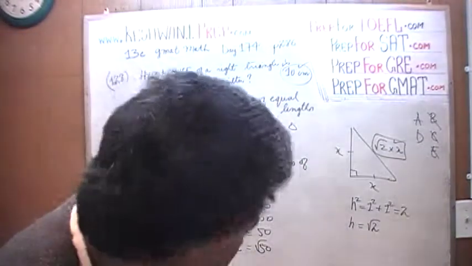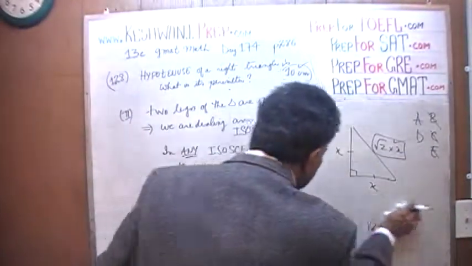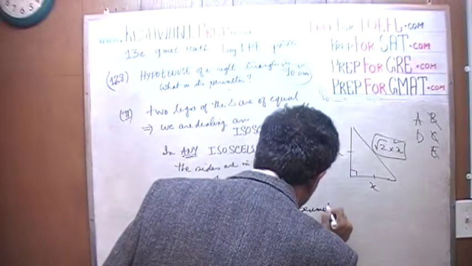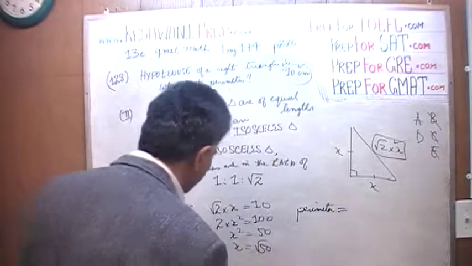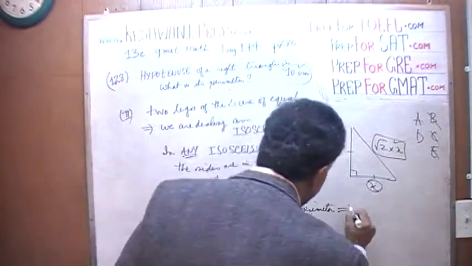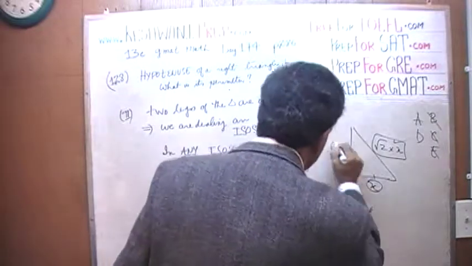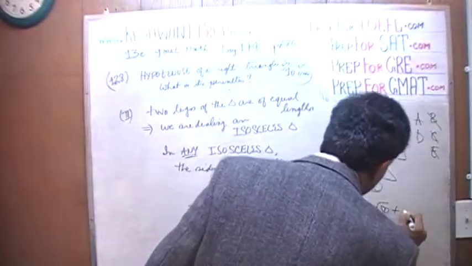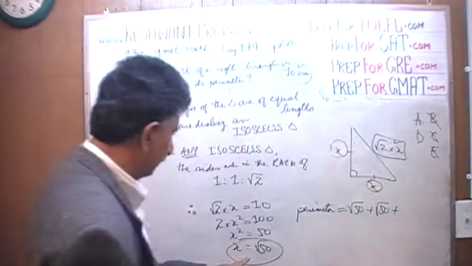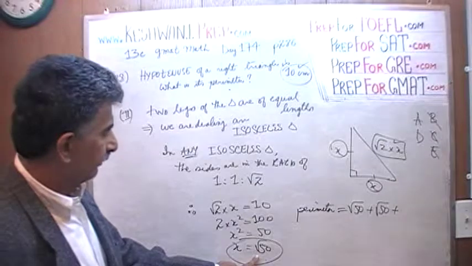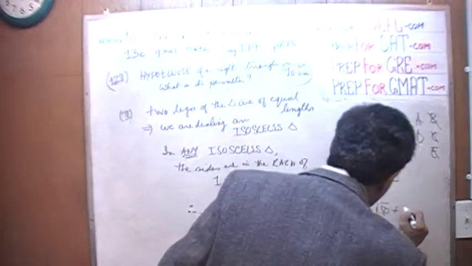And therefore, the perimeter that we're looking for will equal this x right here, which is square root of 50, plus this x right here, another square root of 50, plus this side, which is 10.